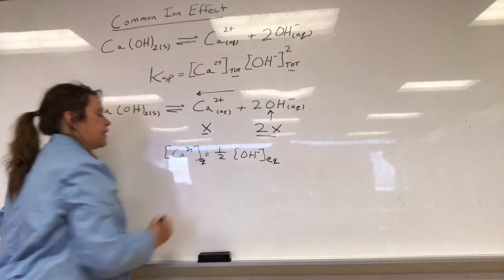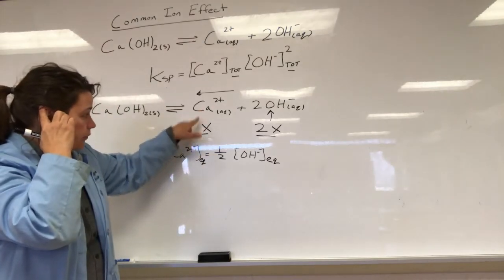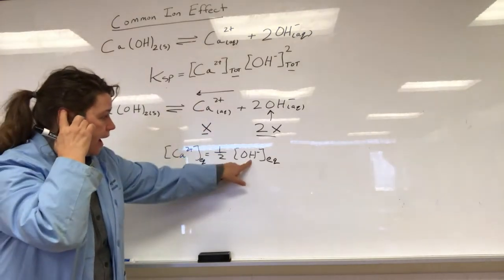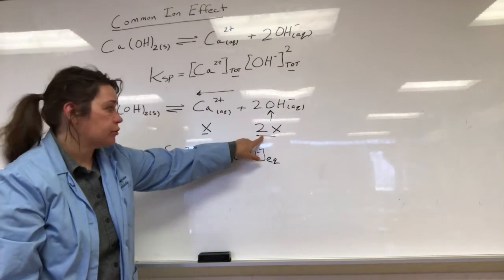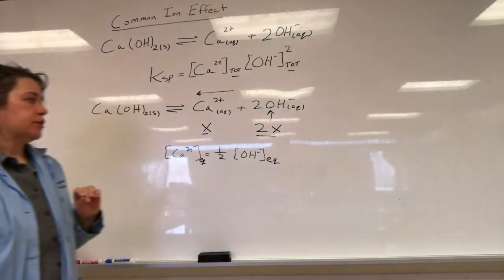So the calcium produced by the equilibrium, x, is going to be half the hydroxide concentration produced by the equilibrium. That makes sense because the hydroxide is going to be 2x.